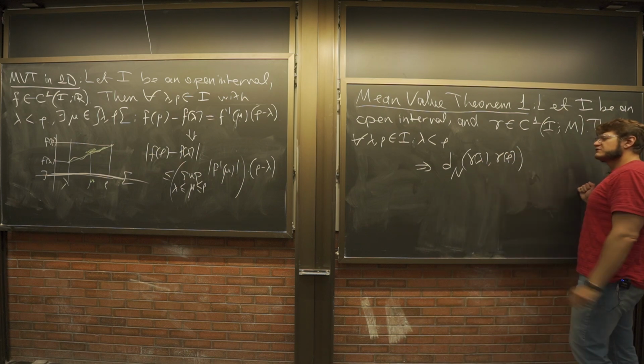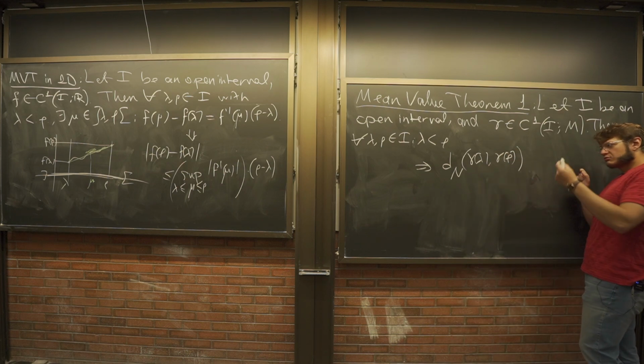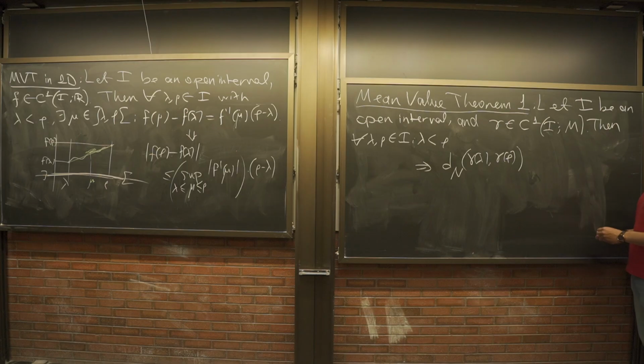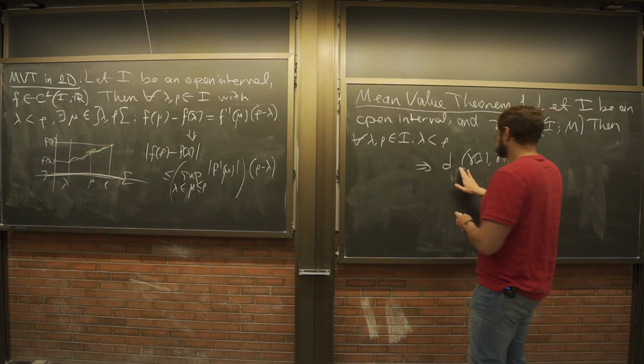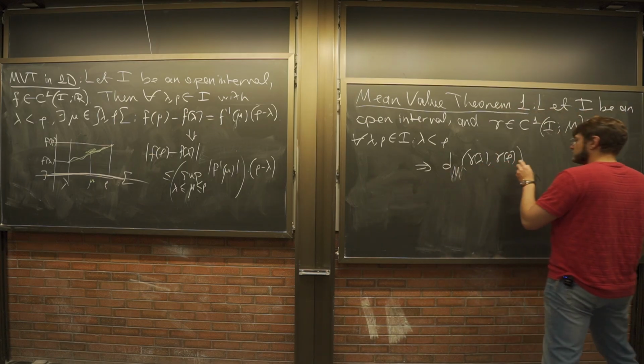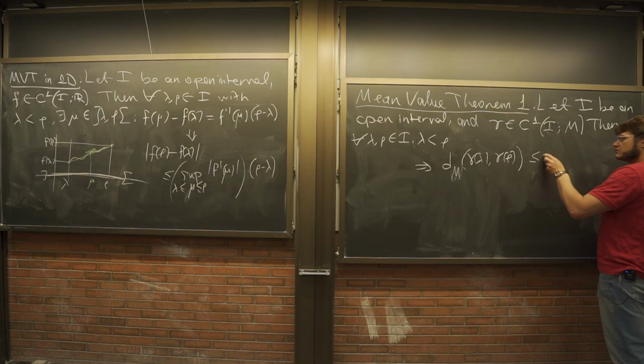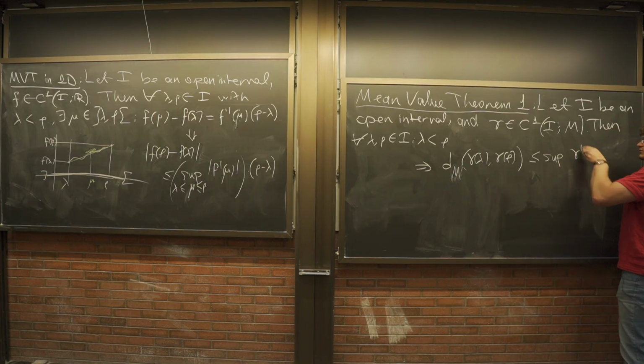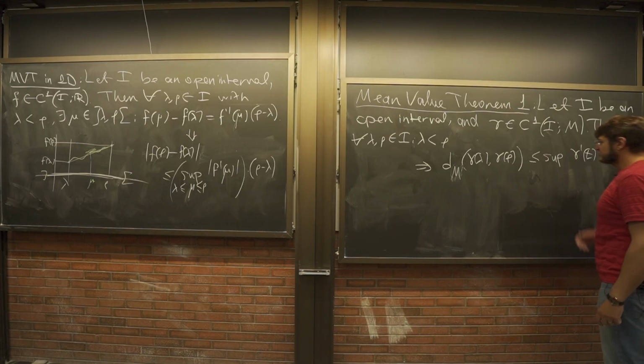This is a distance between the 2 points in the path in my set M. This is bounded by the sup of gamma prime, or maybe let me write it like this.